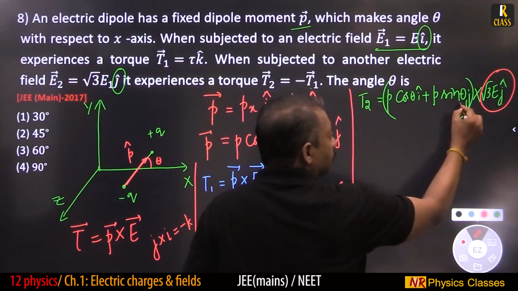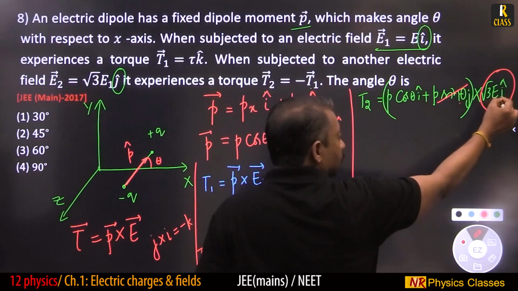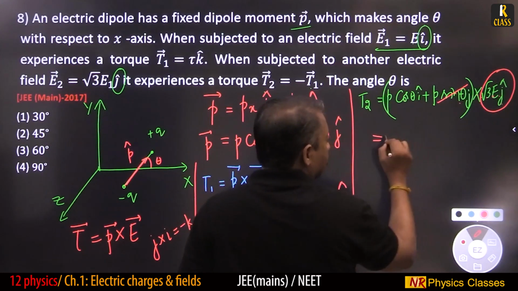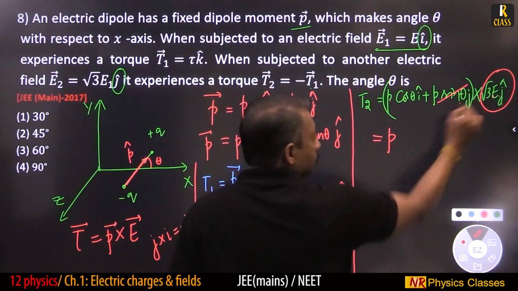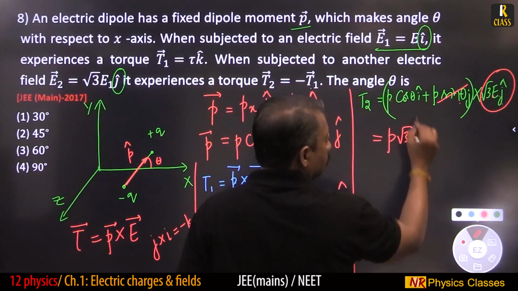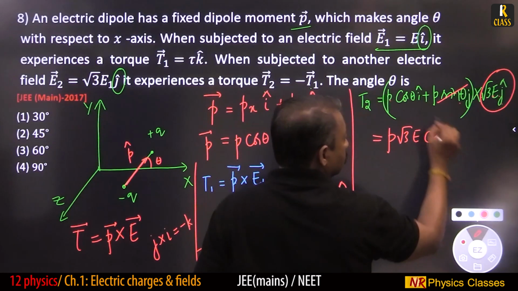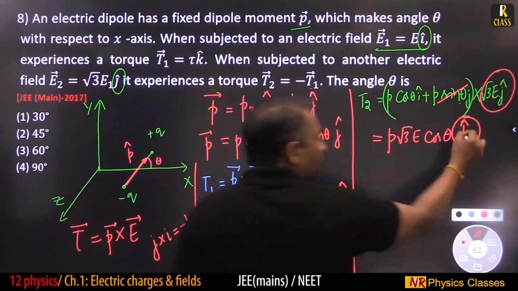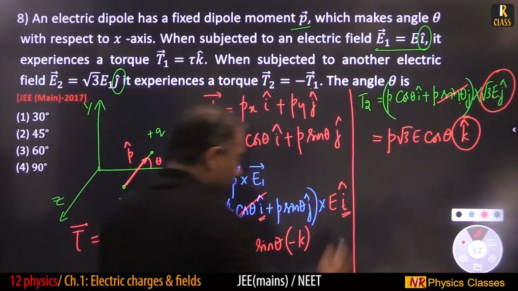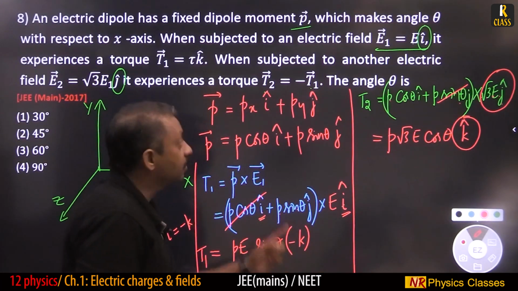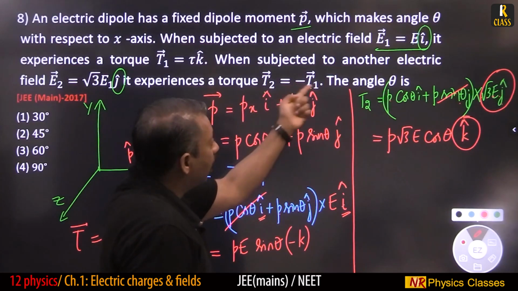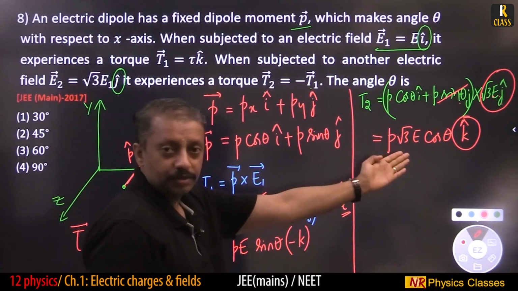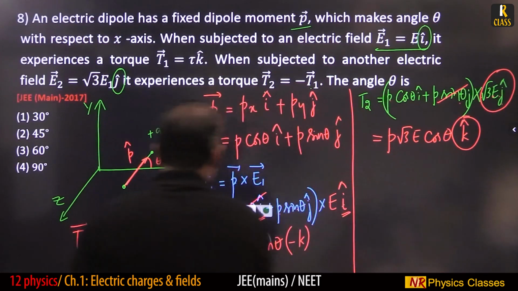Now j cross j is 0. This into this gives √3 E P cos theta, and i cross j is k. See, one is along positive z axis, the other along negative z axis. They must be equal and opposite. Yes, they are opposite. Equal means we have to equate this to this. Now let us solve that.